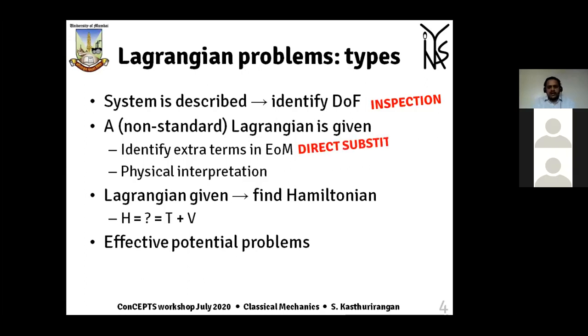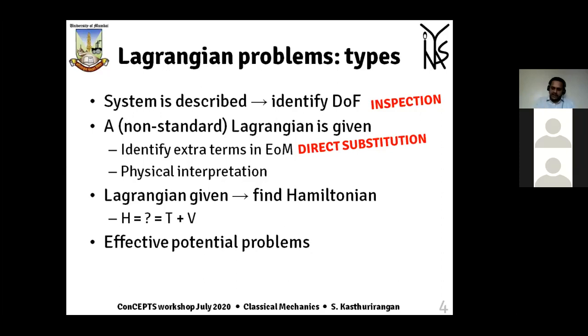Sometimes a non-standard Lagrangian will be given and you will be asked to identify some extra terms which are there. That is, a standard Lagrangian plus some additional term added as a perturbation or otherwise. Then one of the simpler ways to go about it is direct substitution and quickly finding out the answer. To do this within the time limit imposed in competitive exams, you should have a lot of practice solving Lagrangian type questions, because there are a lot of traps here.